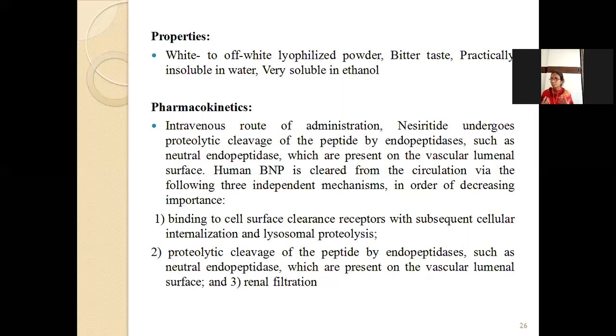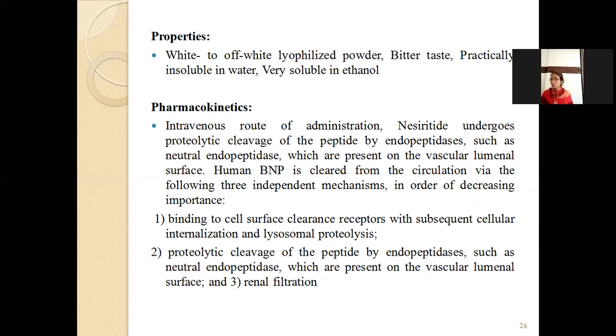Human BNP is cleared from the circulation via three independent mechanisms: binding to the cell surface clearance receptors with subsequent cellular internalization, second is proteolytic cleavage, and third is renal filtration.